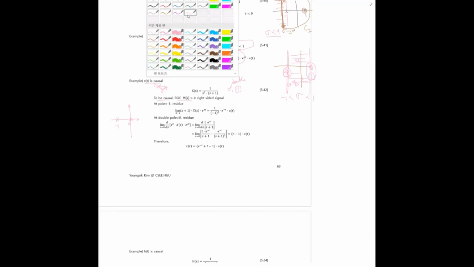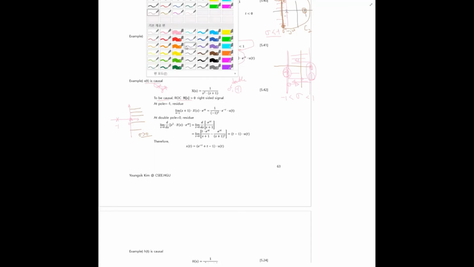So this one is a simple pole. And the region of convergence is defined to the right side of the rightmost pole. At this moment, between minus 1 and 0, 0 is the rightmost pole, so the region of convergence is defined this way. So sigma should be positive. The maximum real pole is this one, the value of the pole.